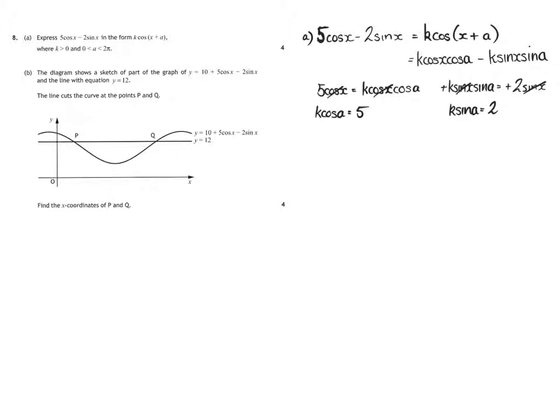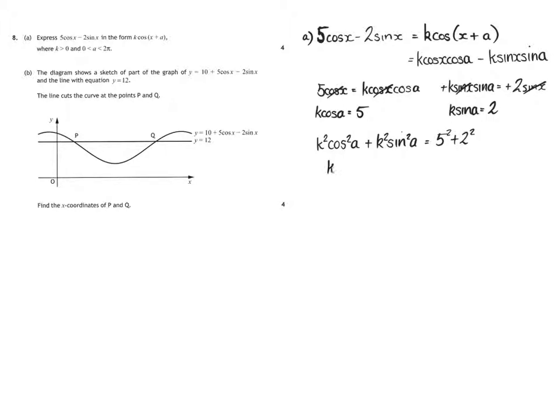Right, so from there we can then say that we know that k squared cos squared a plus k squared sine squared a is equal to 5 squared plus 2 squared.